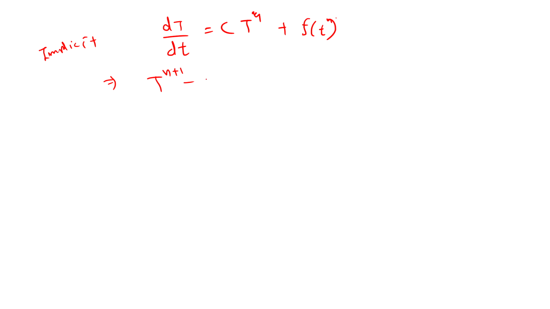The second part is the implicit part. In the implicit part, we have the ODE dT/dt equal to c T to the power 4 plus f(t). That makes (T^(n+1) minus T^n) divided by delta t equal to c (T^(n+1)) to the power 4 plus f(t^(n+1)).